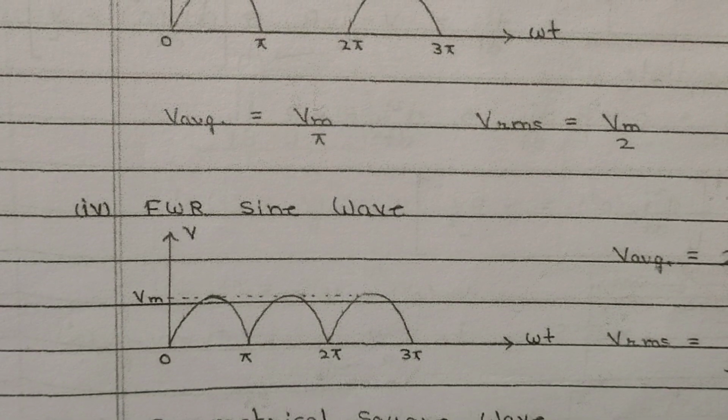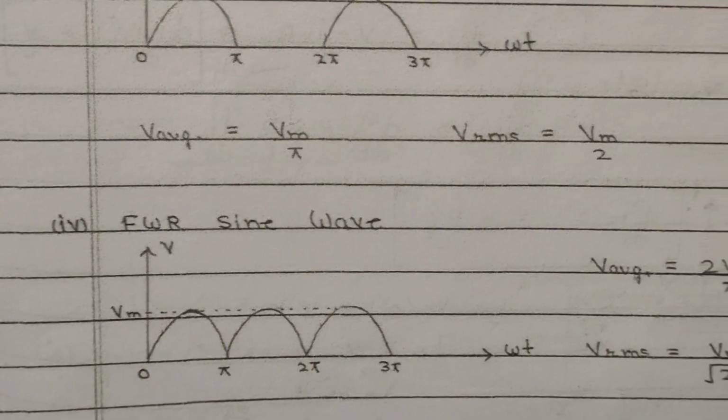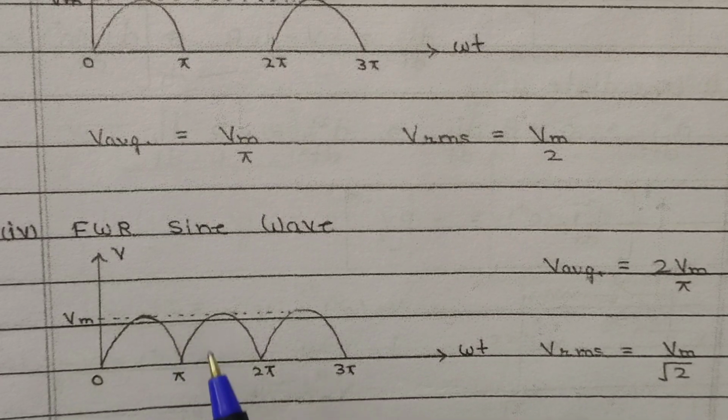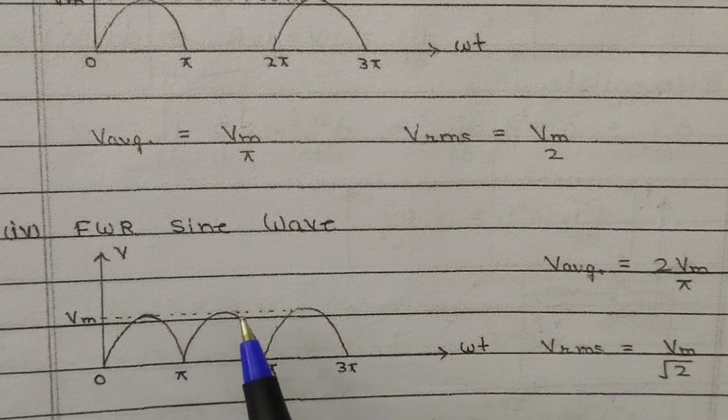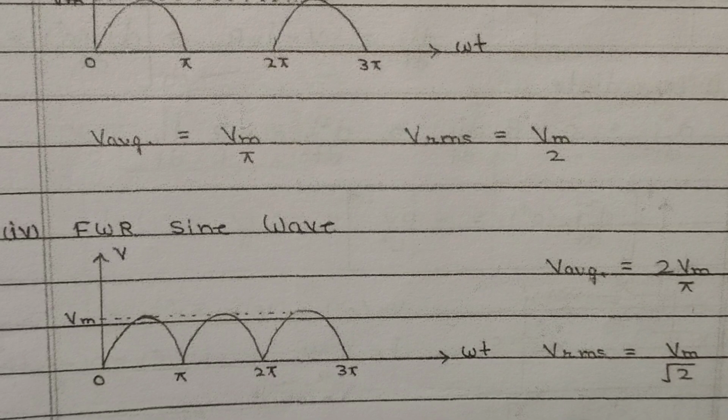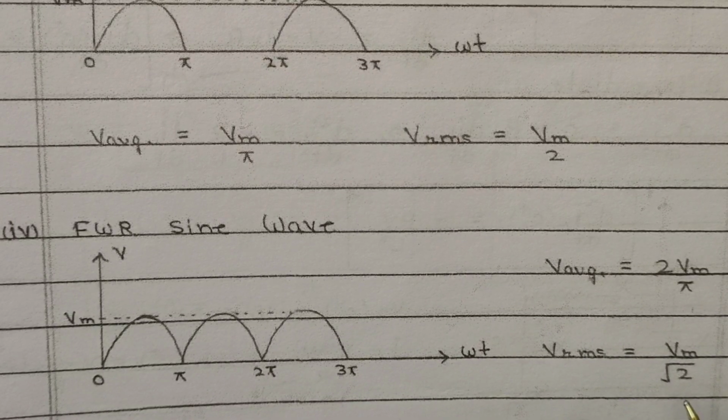For the full wave rectifier sine wave, there will be no gap between pi and 2 pi. Continuously it will conduct to the maximum value. Here the average value is 2 Vm by pi, which is equal to the average value of a half cycle of a sine wave, and the RMS value is Vm by root 2. So for the sine wave and full wave rectifier sine wave, for a half cycle, the average value and RMS value are both the same.